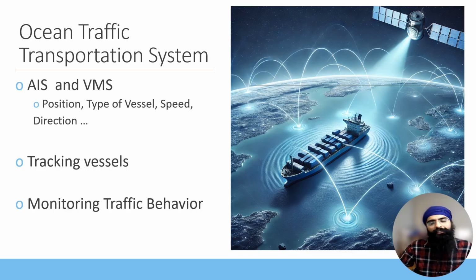VMS messages are broadcast by fishing vessels, because fishing vessels are very near the shore, about 40 to 50 miles away. That's why the nearest coast guard or receiver stations can receive these messages from the fishing vessels.